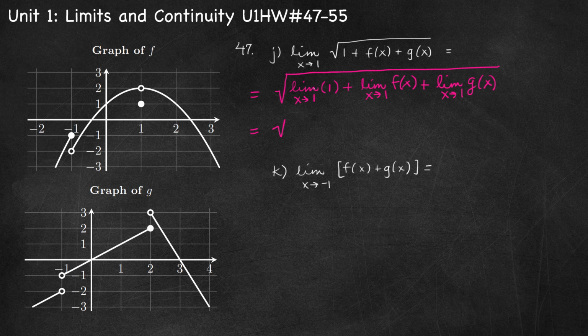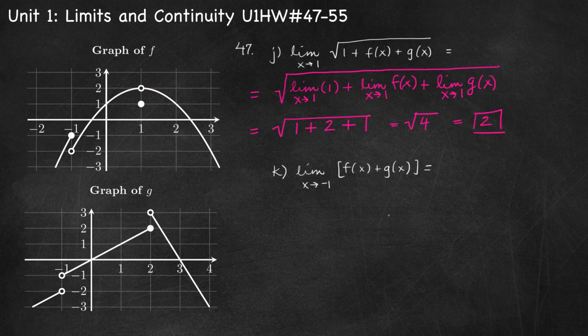So the limit of 1 as x approaches 1 is 1. The limit of f as x approaches 1, since we're approaching 1 from both sides, our limiting value is 2, plus the limit of g as we approach 1. So with function g, as we approach 1 from each side, we're approaching a y value of 1. So this is the square root of 4, which is equal to 2.